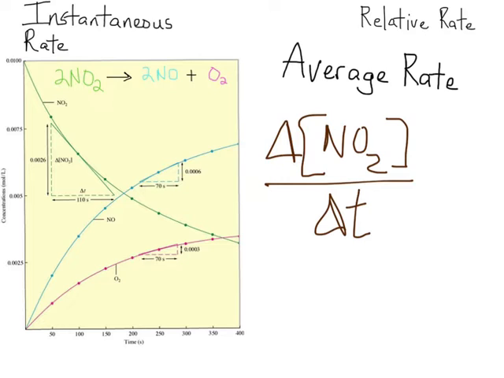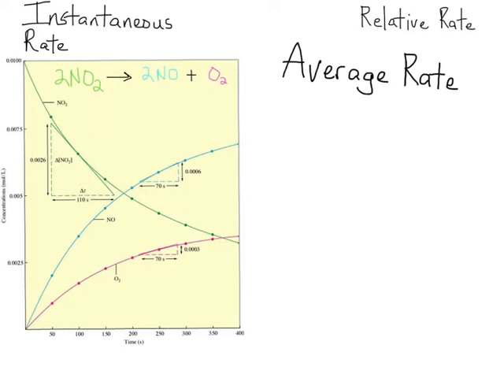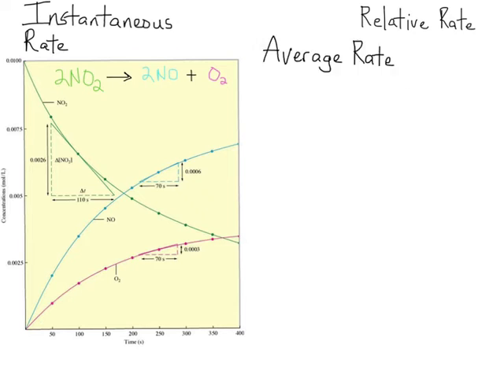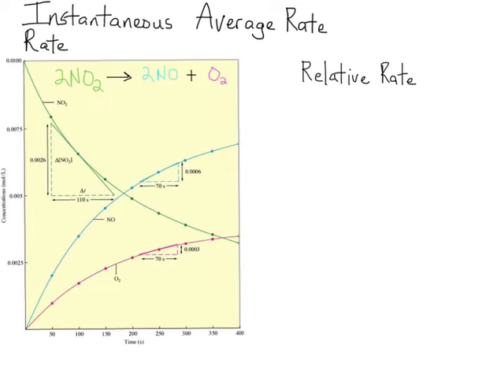Another kind of rate information that we could get would actually have to do with relative rates. And this is kind of important in chemistry, because if we know how fast the reaction is with respect to one of our reactants, we'd like to know how fast the reaction is with respect to another reactant.